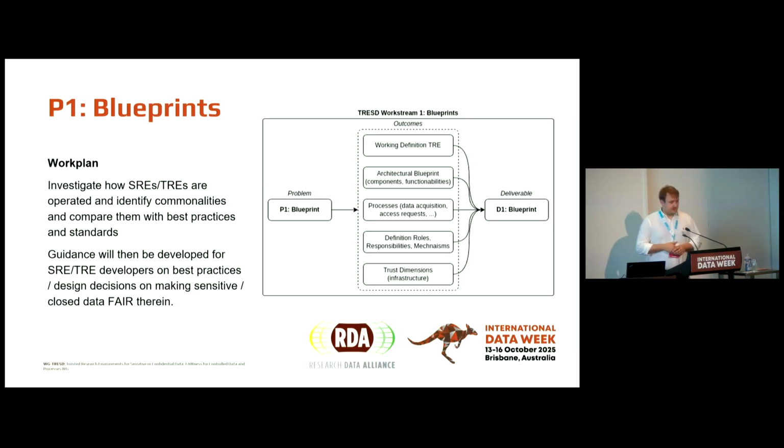The work plan for this subgroup is we want to investigate how these theories are operated and identify the commonalities of the different theories. If you scanned the code before, it's a very long list. It could be longer, but it's still long.